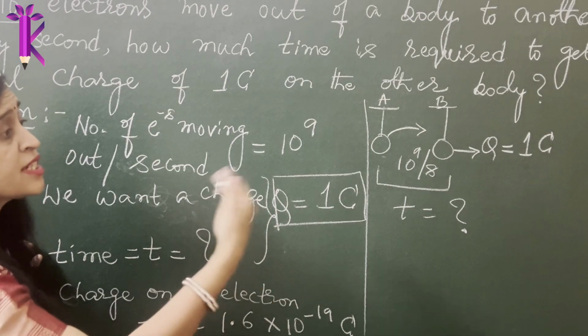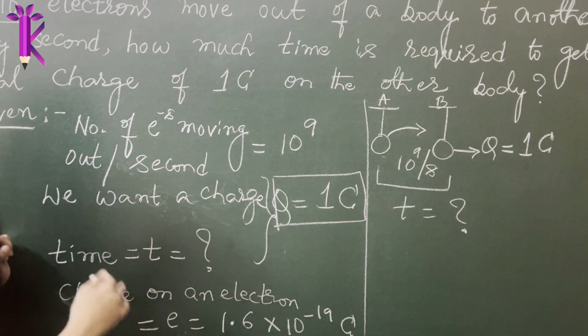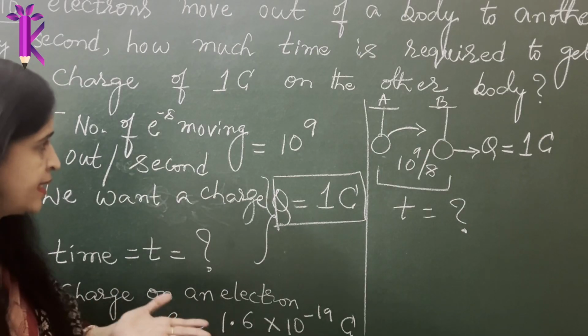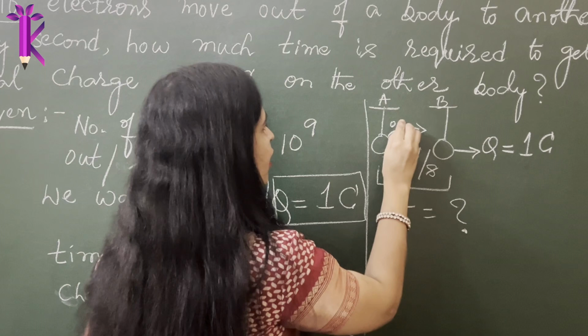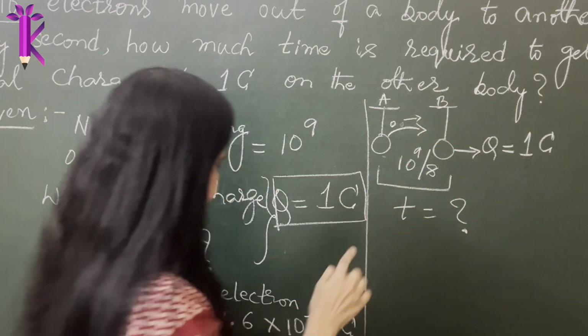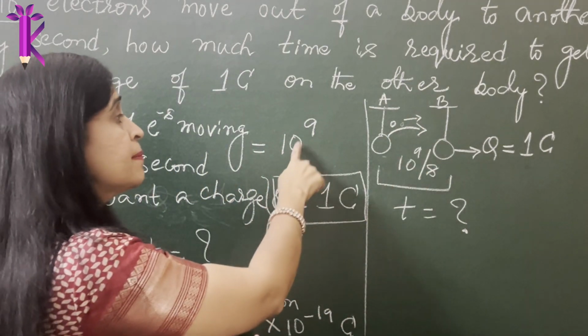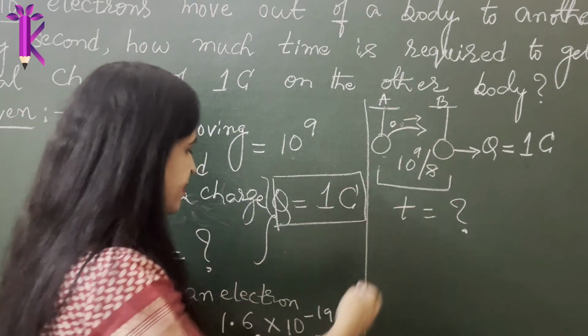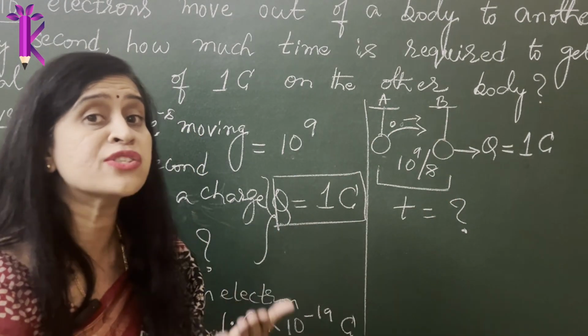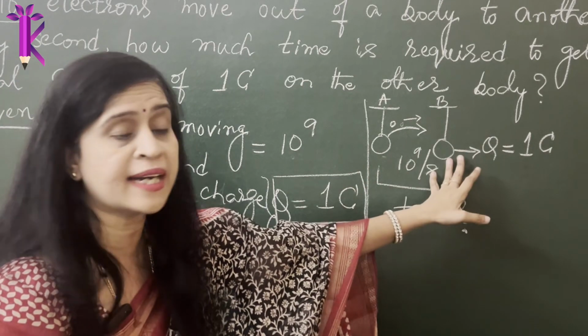So what is the total charge that is already transferred per second? Let's see. For every electron that jumps from here, it carries a charge of this much. So if 10 to the power of 9 electrons, or more than 1 billion electrons, jump every second, how much is the charge that is being transferred every second?